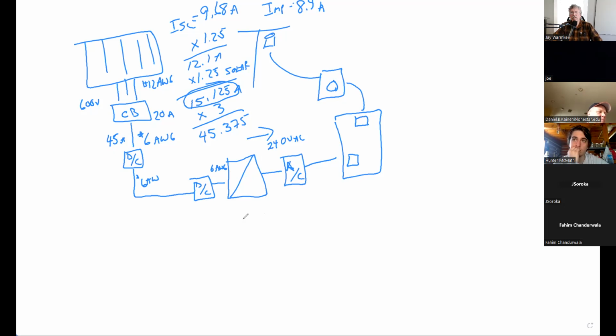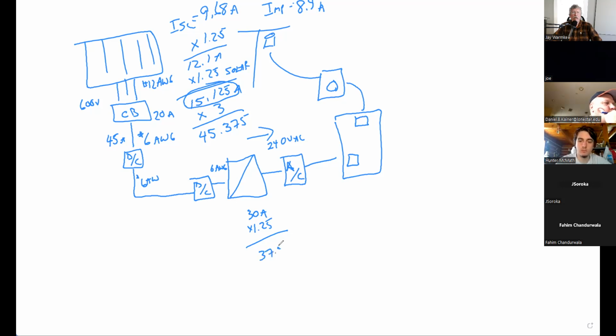Typically what you'll do here is look at the inverter specifications. If the inverter says I have an output maximum of, say, 30 amps, then I'll take 30 amps times 1.25, because we always have to do the NEC. Because I'm starting all over, I've got to put in the correction factors or variability factors. So 30 times 1.25 is 37.5.